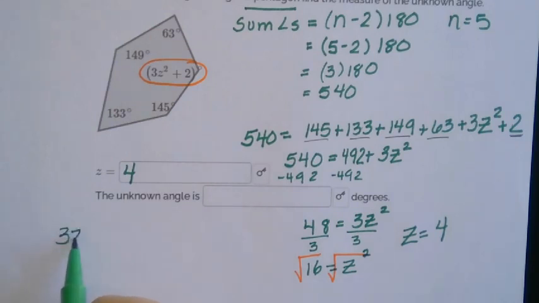So 3 times 4 squared plus 2. Make sure you follow order of operations: exponents, multiplying, addition. Go ahead and do it and tell me what you get.